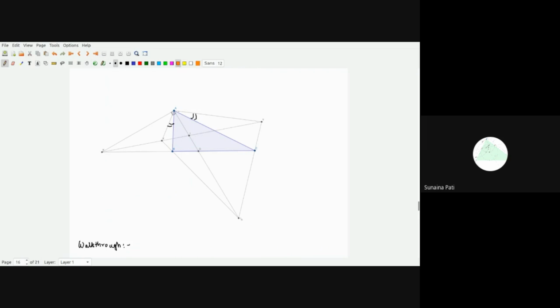Let me use another color. So it's enough to show that XAI is equal to YAI. Since you already have KAI to be 90, it's enough to show KIXY to be harmonic.